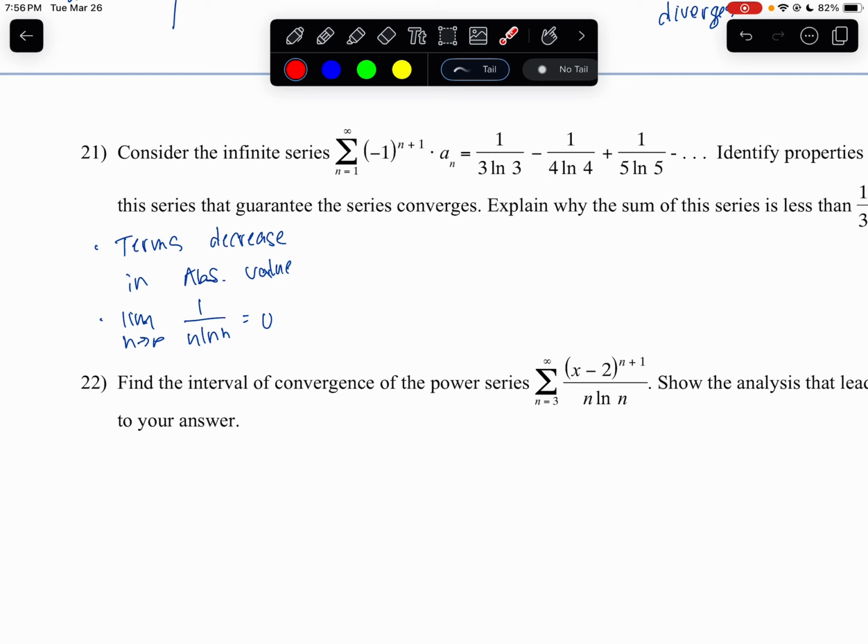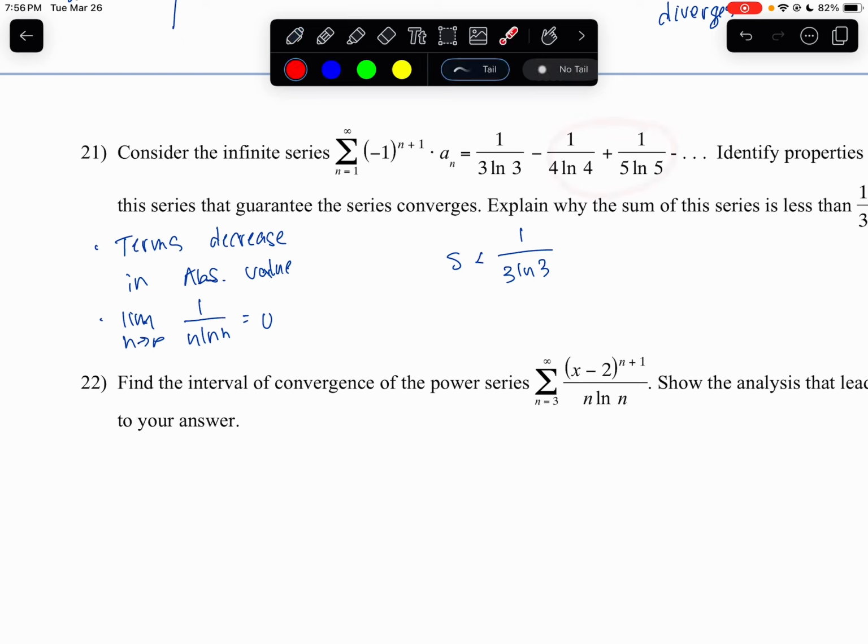So then, with that being said, if you keep doing that, the most that this series can be, the sum has to be less than this term right here. So my sum has to be less than 1 over 3 natural log of 3, for sure.